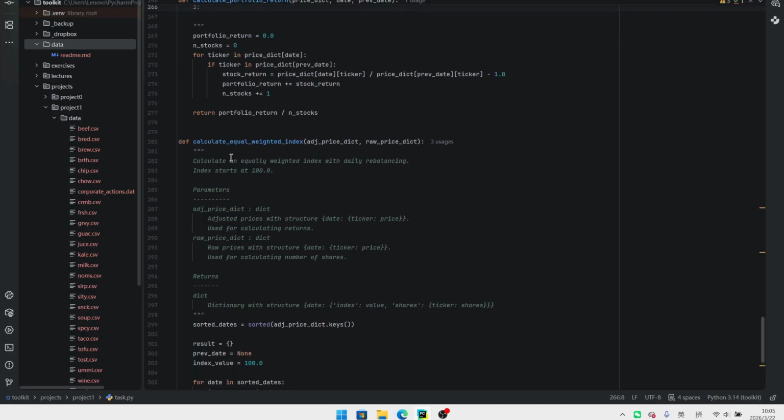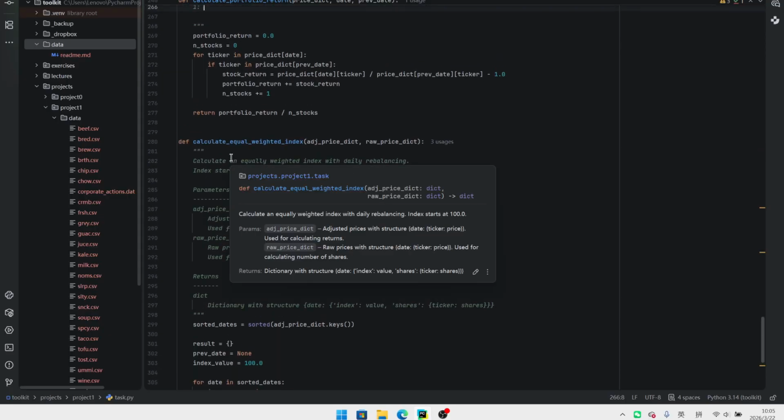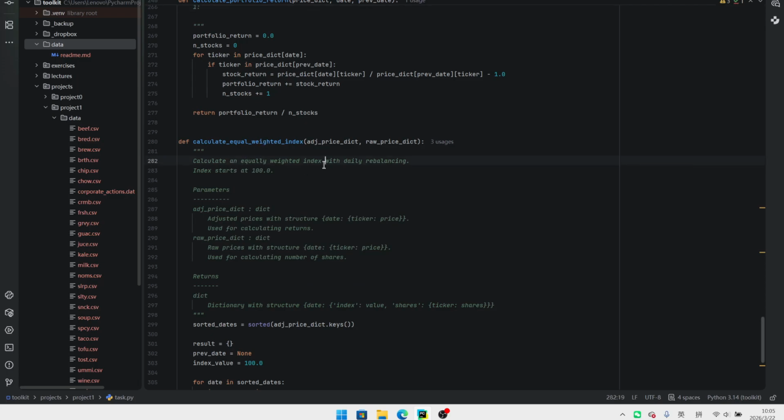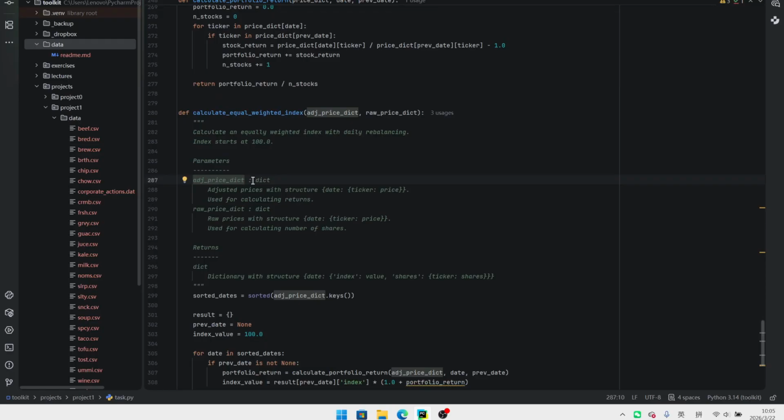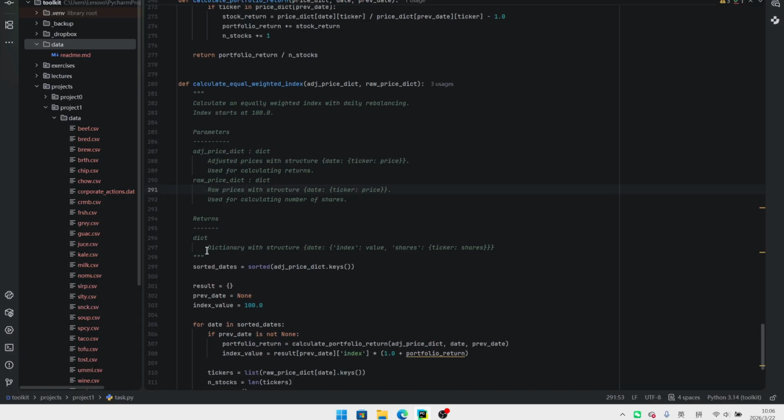And the final one is calculate equal-weighted index starting at 100. So price date is a dictionary, adjusted price is a string, adjusted price dictionary, date, ticker, price. The return will be a dictionary with string date, index value, shares.